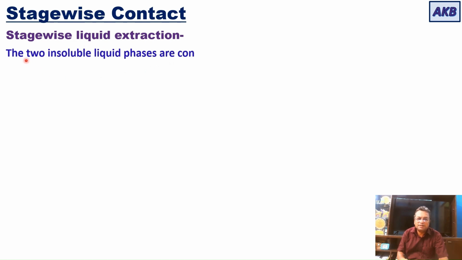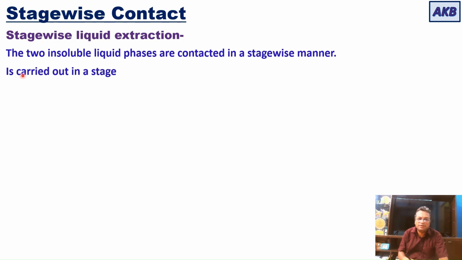In stage-wise liquid extraction, the two insoluble liquid phases are contacted in a stage-wise manner, and so it is carried out in stage-wise contact equipment. This equipment will have a number of stages, and the liquid extraction will be carried out in these stages.